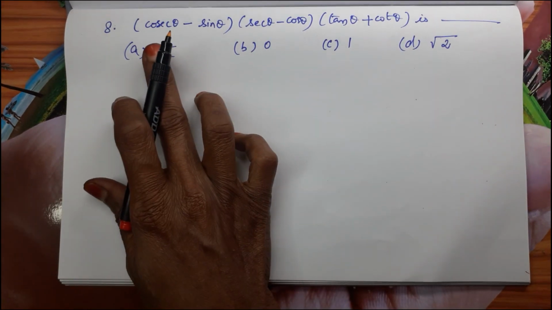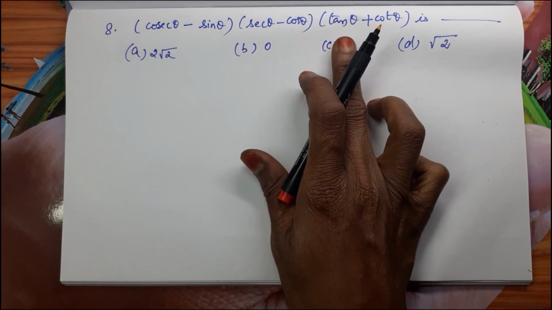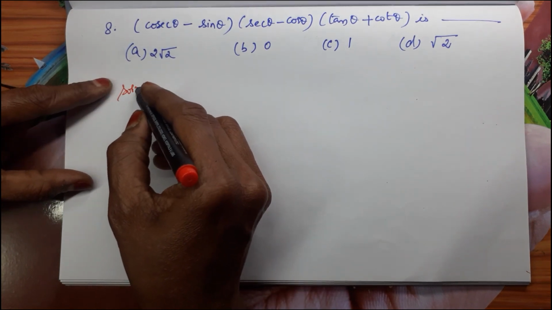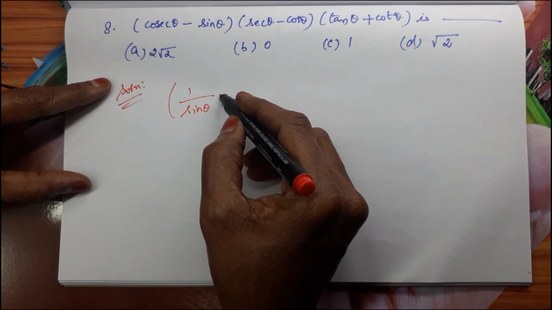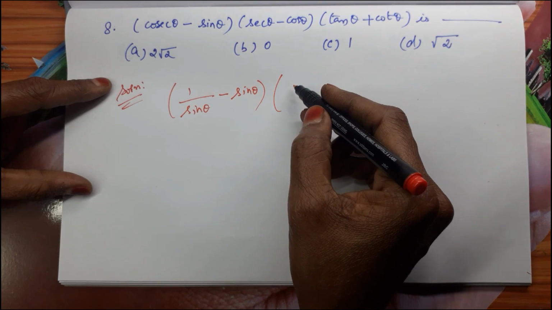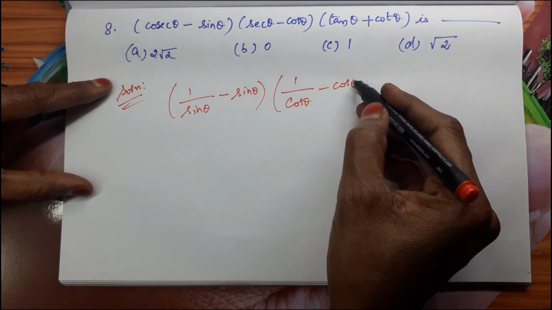The next problem is (cosecant minus sine)(secant minus cos)(tan plus cot). So cosecant can be written as 1 by sine minus sine. Secant minus cos, secant can be written as 1 by cos minus cos.